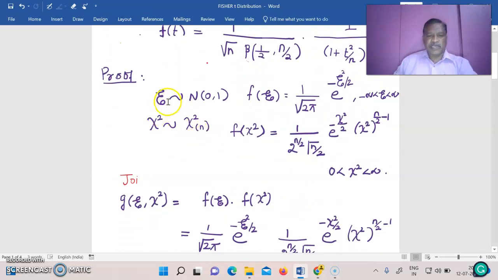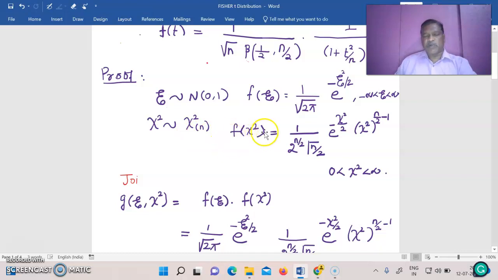We are given that psi is a standard normal variate. Therefore, probability function of psi is equal to 1 divided by square root of 2 pi, e power minus psi square by 2, with the range of psi minus infinity to plus infinity. And again we are given that chi-square is a random variable which follows chi-square distribution with n degrees of freedom.